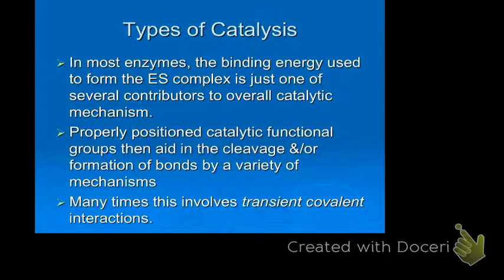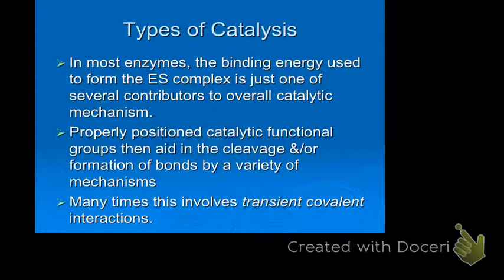But many times there's also a covalent interaction where the enzyme literally forms a bond with its substrate or product, and then it has to be released later on. Okay, because it has to be transient, because otherwise the enzyme would be permanently modified and it would then no longer be a catalyst. It would have been one of the reactants in the original reaction.